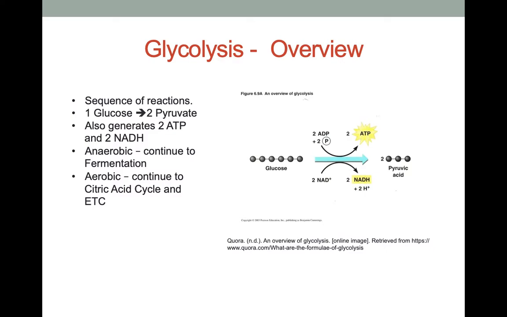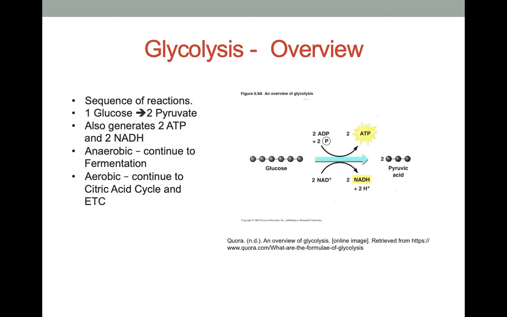This process also produces two molecules of ATP and two molecules of NADH. The ATP is the energy carrier, NADH is an electron carrier. When we're done with this process, once we have the pyruvate molecules, there's still plenty of energy left within them, so those can then be sent on to further reactions depending on the conditions, environment, and the organisms we're working with.